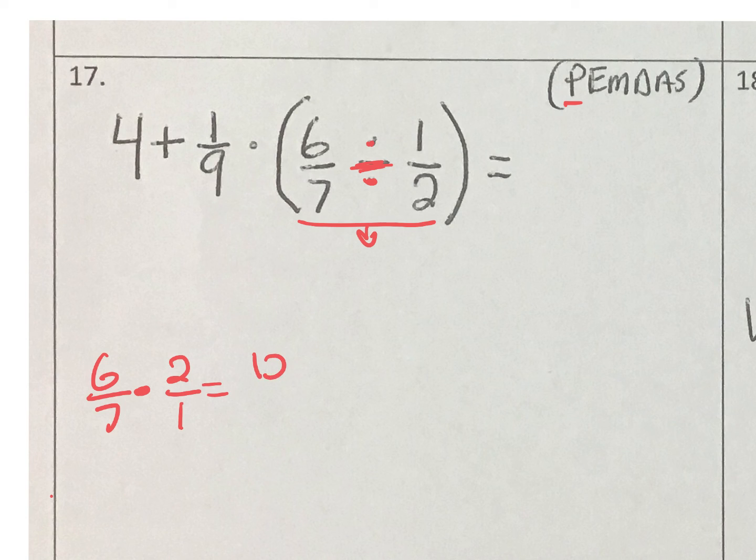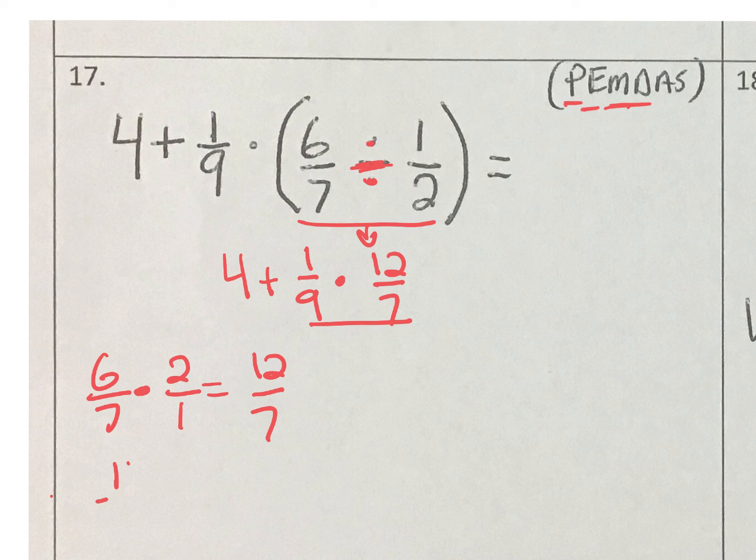That gets me 12/7. I'm going to keep that just like that, because what I have now is 4 plus 1/9 times 12/7. And this tells me order of operations. I don't have any exponents, but I have to do my multiplication division first. So I have to do this.